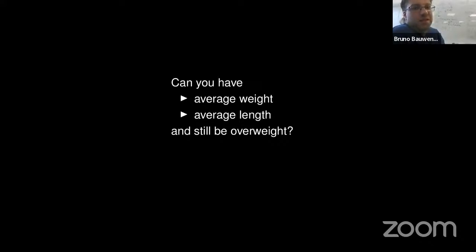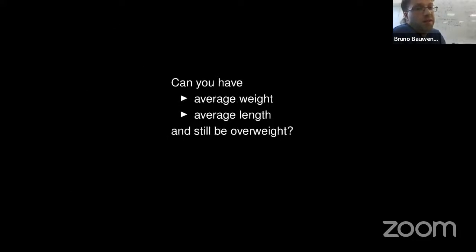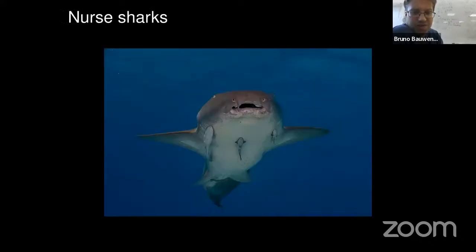Okay, so Jensen's inequality, you already learned this. Okay, then maybe I can skip it. Your weight is average, your length is average, and it might mean that you're too fat. Sorry, Jensen's inequality. Okay, but it's kind of cool. I found out about nurse sharks.